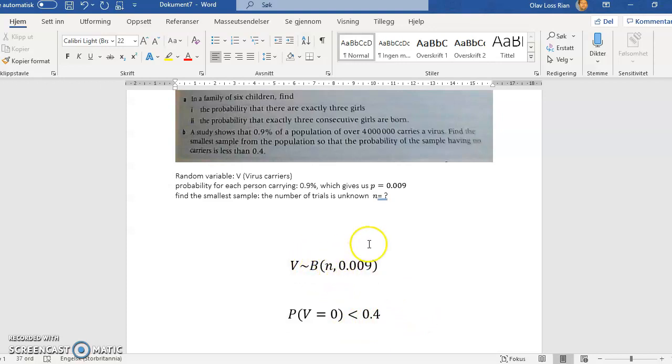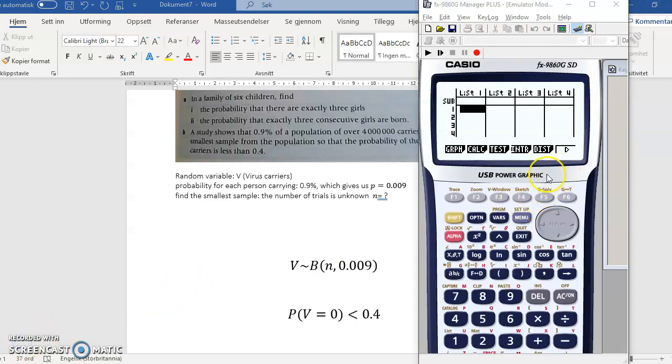Now, you'd think that you could use the calculator directly here and use the inverse binomial function. And we're going to look at that and see how that's going to work out. So here's our calculator.